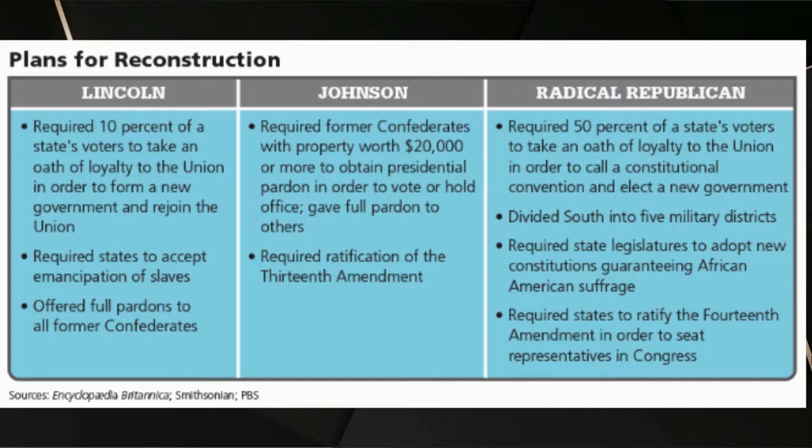His plan required former Confederates with property worth $20,000 or more to obtain a presidential pardon. Okay, so this is Johnson showing his dislike for the elite class in the South.